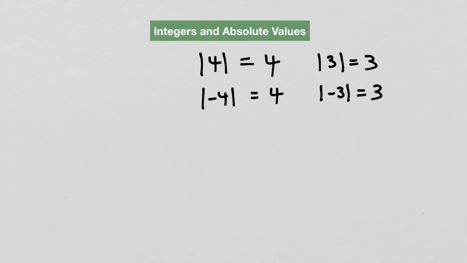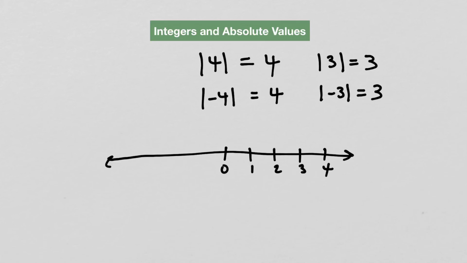Okay. Another way to explain this is on a number line like this. 1, 2, 3, 4. -1, -2, -3, and -4. Okay.